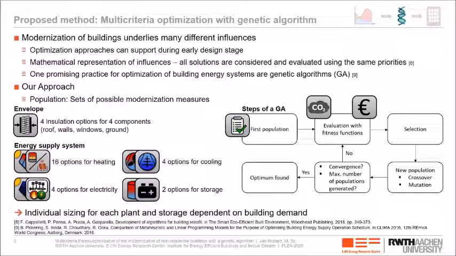All sets of measures are evaluated by their annualized costs and by yearly emitted emissions. The algorithm then selects the well-performing sets and with crossover and mutation combines them with each other and also with new sets of measures. This procedure is repeated until the optimum is found.